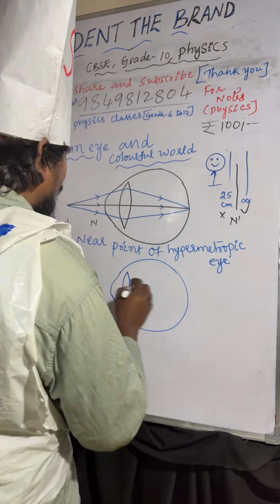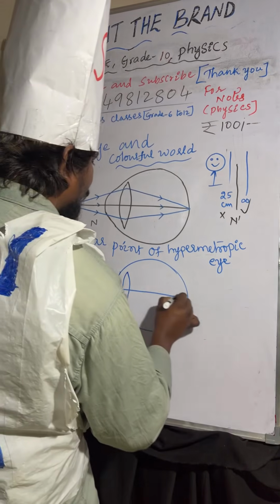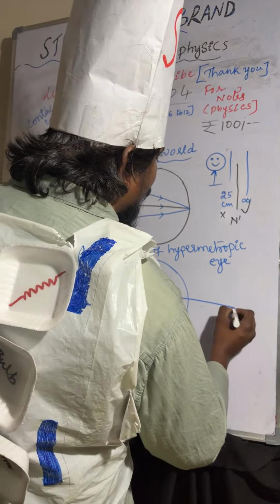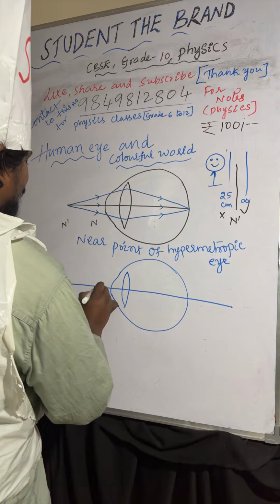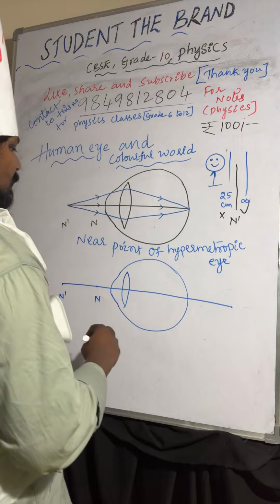Beyond the retina. So this is N, 25 centimeter, and this is N dash.